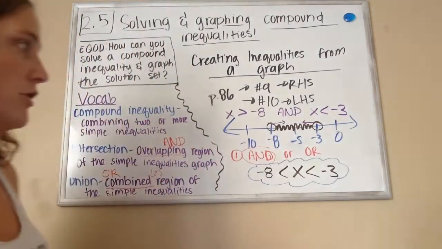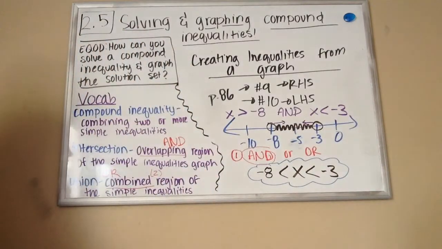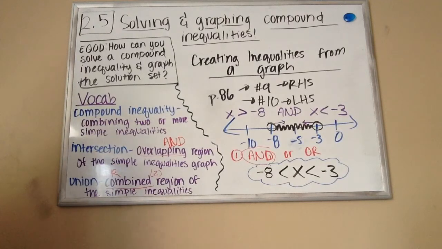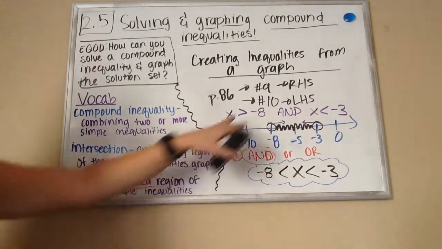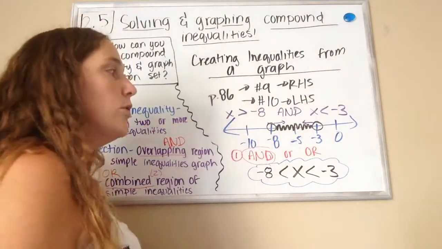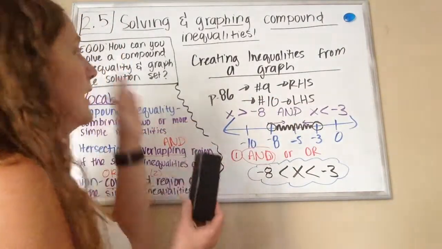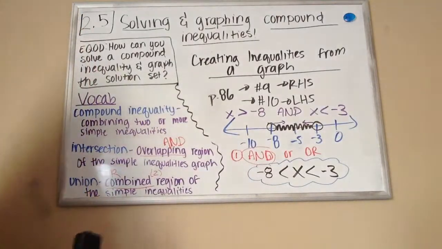Either one of those answers is perfectly acceptable. The very last thing you need to do is number 10 right here on the left-hand side. Once you've completed number 10, you've completed section 2.5 and you are done with this video.